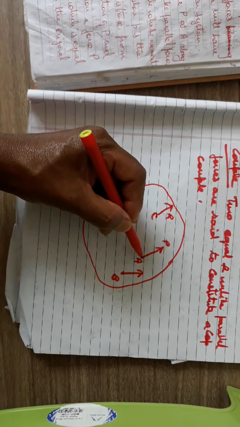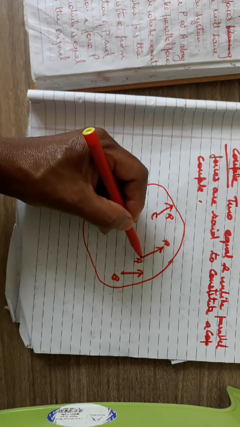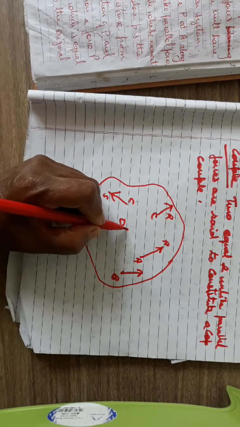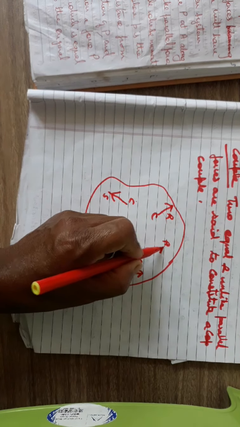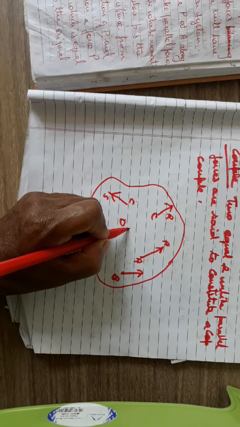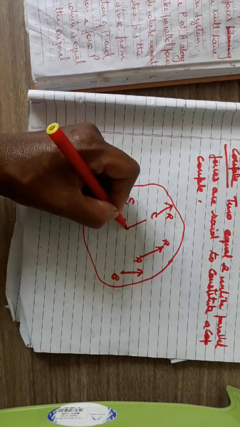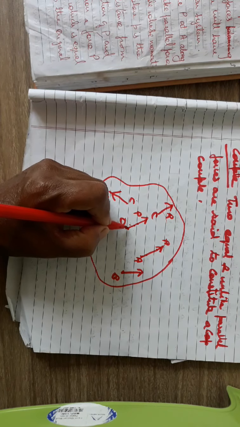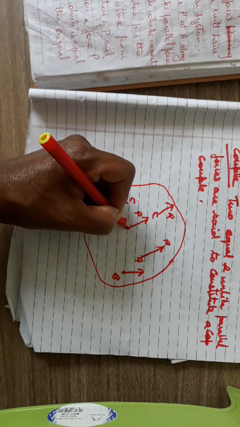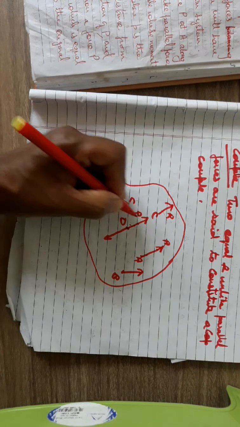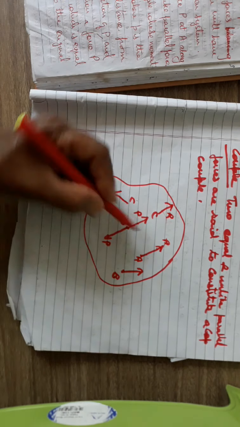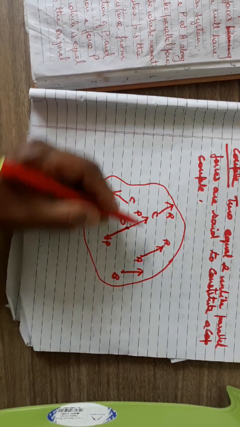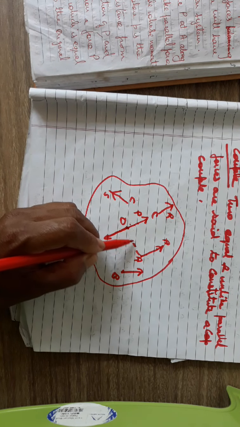Now let us first consider force P acting at A. If we introduce two equal and opposite forces at O, parallel to the original force, you have to draw it such that this force is parallel to the original force and equal to it, so we name it P. We introduce on the opposite side another equal force in the opposite direction, also P, such that these forces balance each other and have no effect on the whole system.